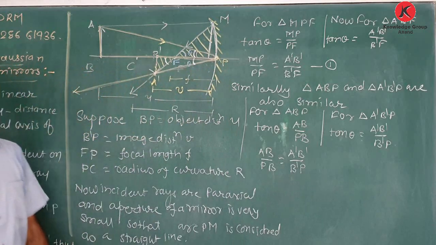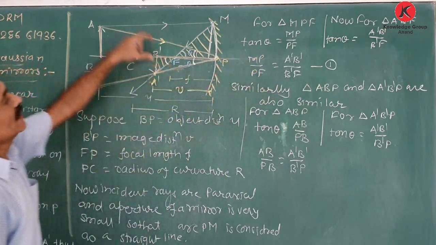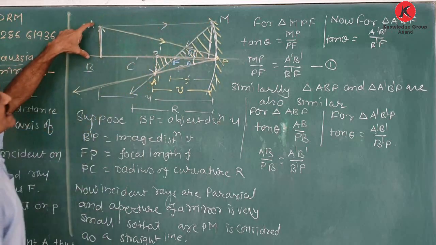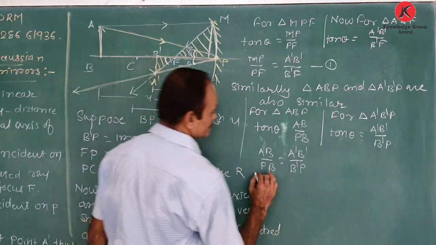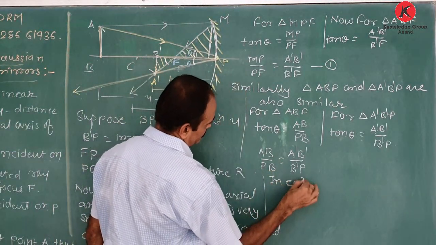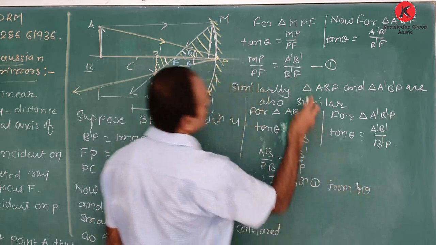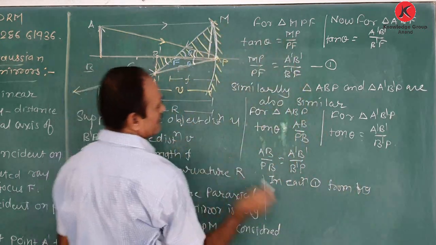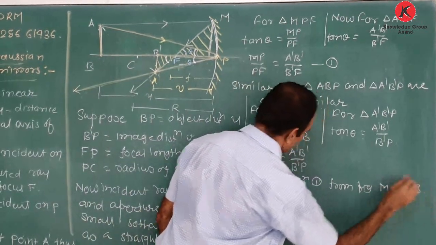Okay. Now, from the figure, MP is the same as AB. MP is equal to AB.